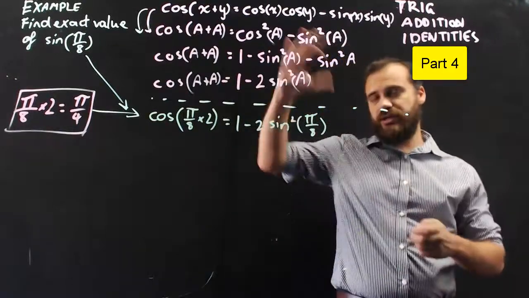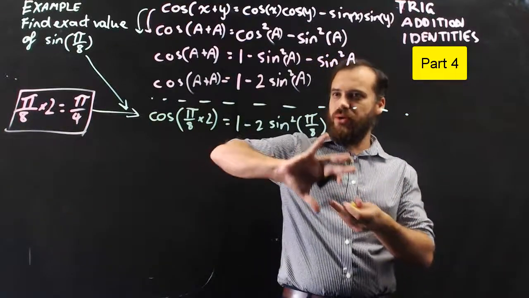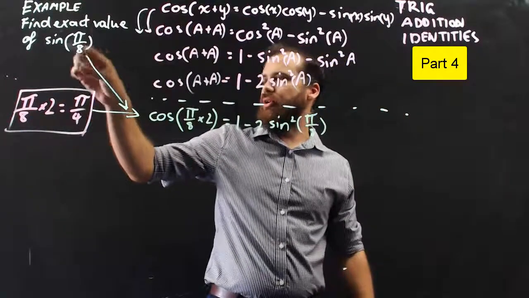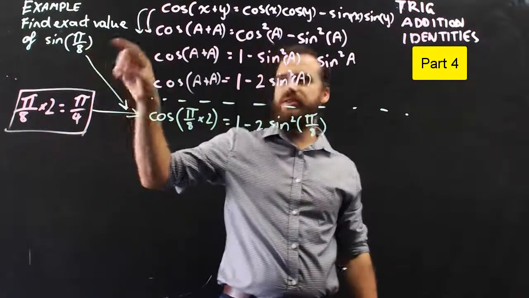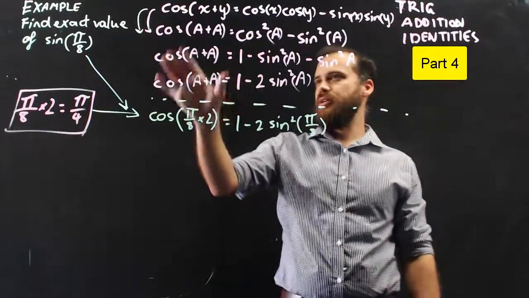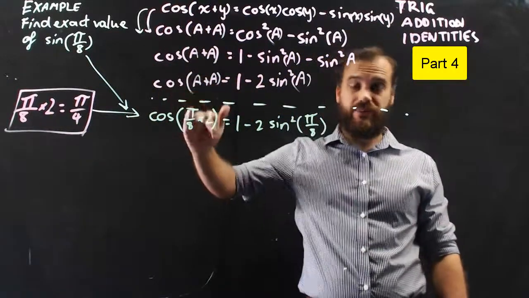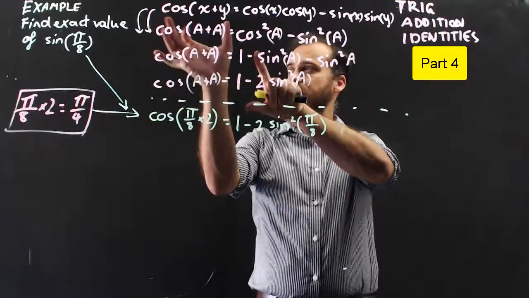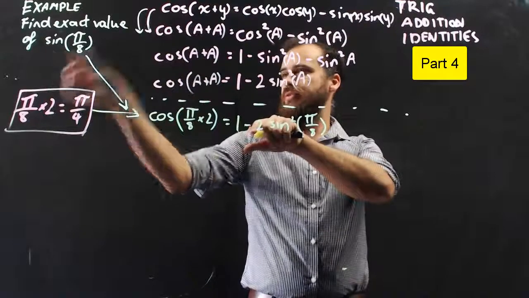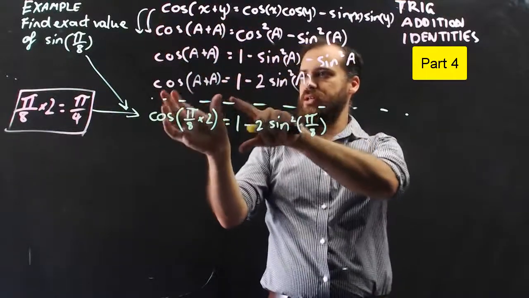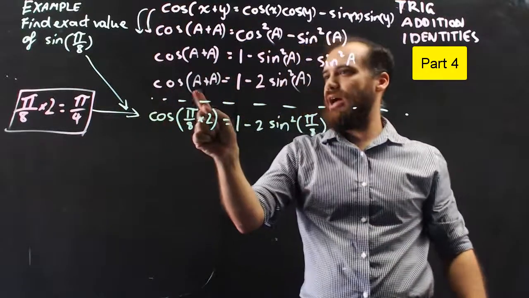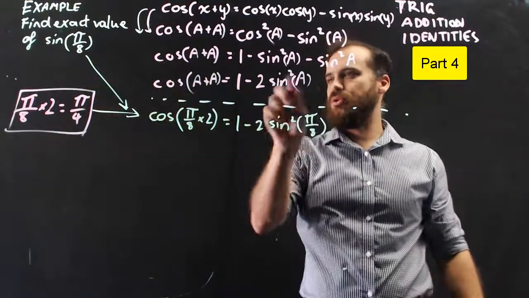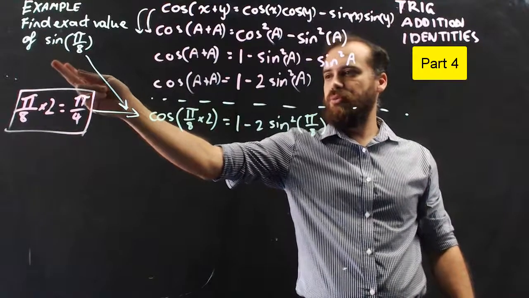Okay, so it feels like I've done a lot of magic here, but think about why we've done this. We want to find out what sine pi on 8 was, but we couldn't get pi on 8 directly into an addition identity on the left-hand side like we have in the past. So by using the cosine identity, the opposite of the sine identity, we've got it down to such a stage that cosine a plus a is equal to something with sine squared a, which is the thing that we actually want.